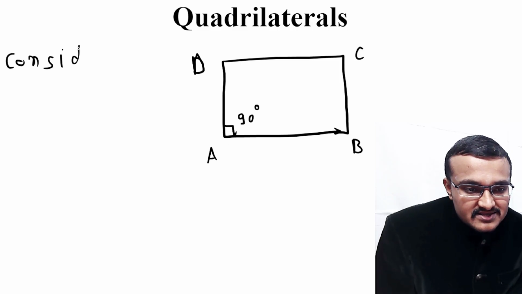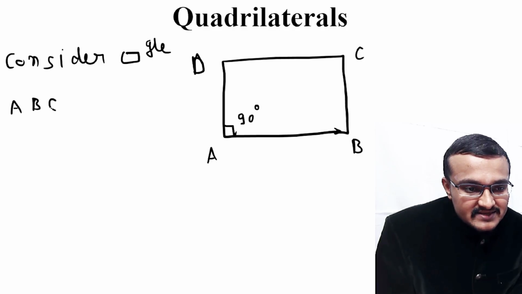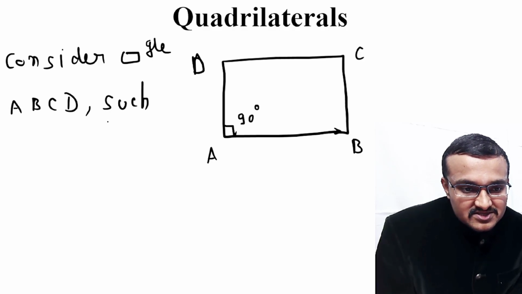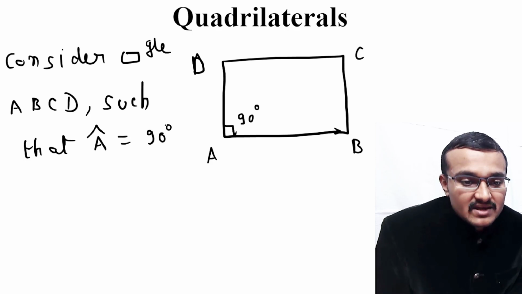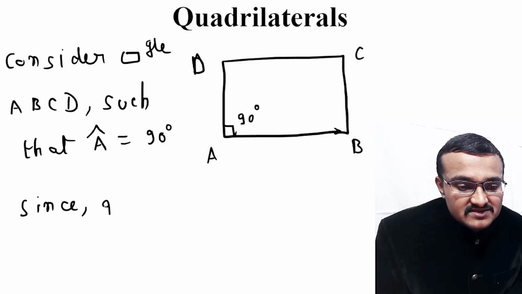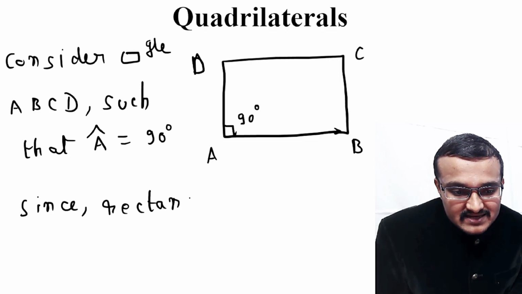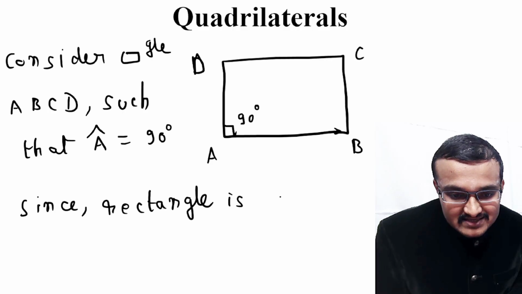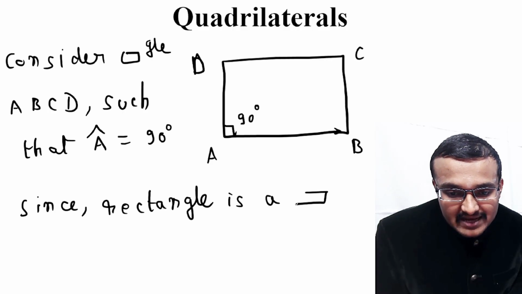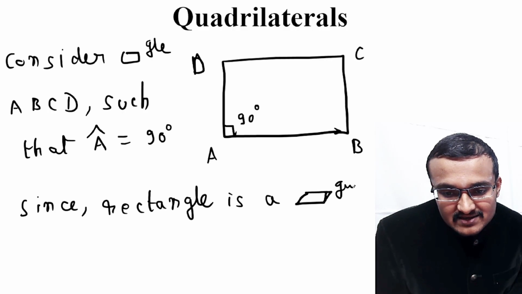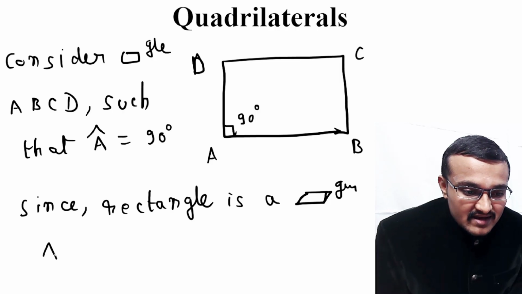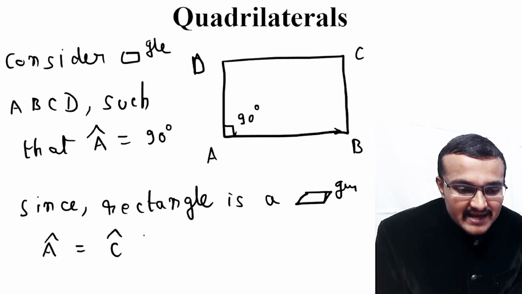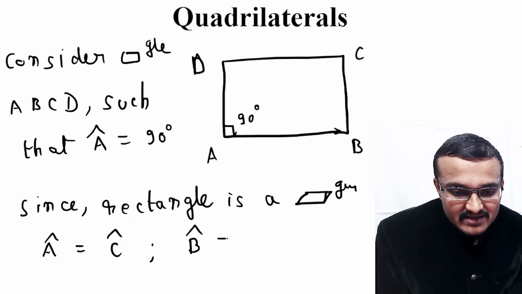So here consider ABCD such that angle A is equal to 90 degree. Now here, since rectangle is a parallelogram, angle A will be equal to angle C and angle B will be equal to angle D.